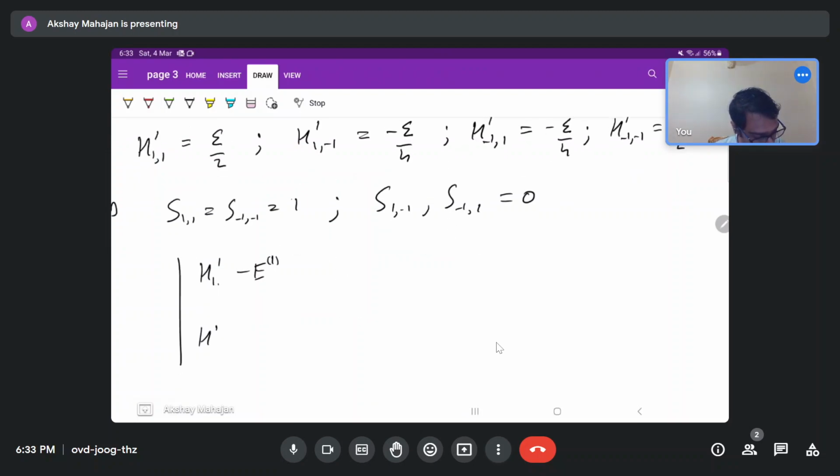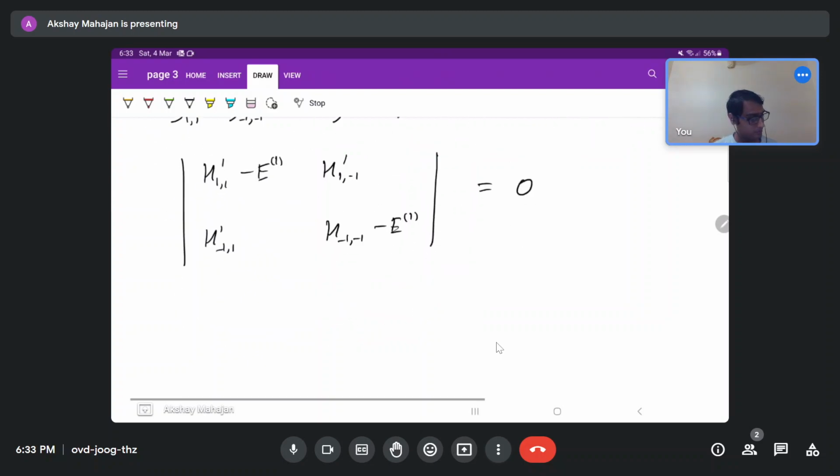So we have h(1,1) prime minus our first order correction, and we will have h(1,-1) prime, nothing minus here, then h(-1,1) prime and h(-1,-1) minus E1. This determinant we have to make 0.